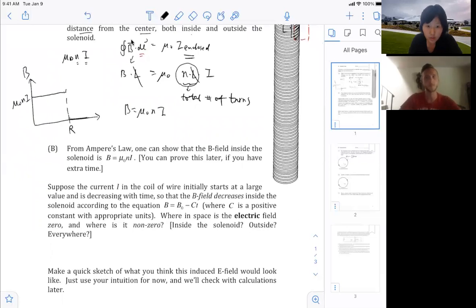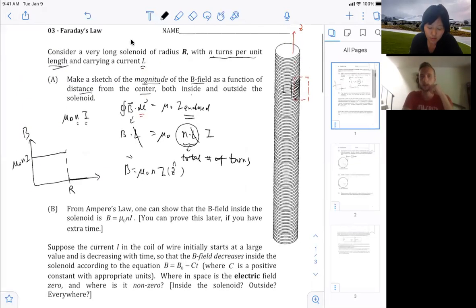Any questions about that? I'm sorry, why did you multiply? Are you saying that your current enclosed is the number of turns times whatever length you have? This is the total number of turns. N times L is the number of turns, times I, your magnitude of I. If I have one current through, I would say 1 amp.